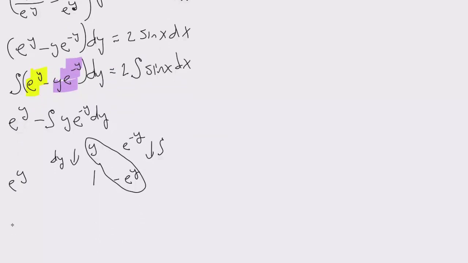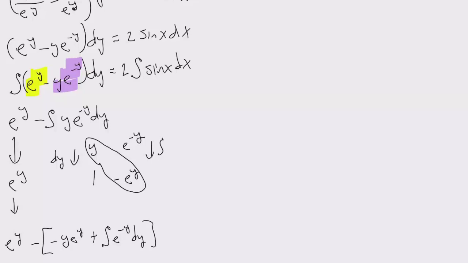Okay, so this e to the y I'm dropping down, so I'm going to drop it down again. So e to the y, and then it's minus, and then I have negative y e to the y plus the integral of e to the negative y dy.